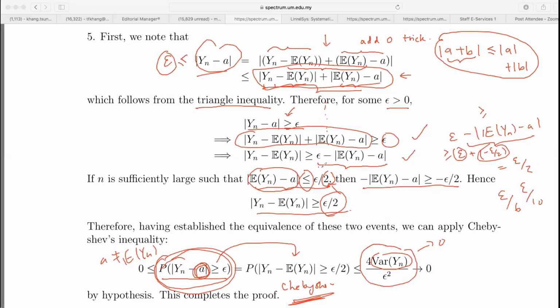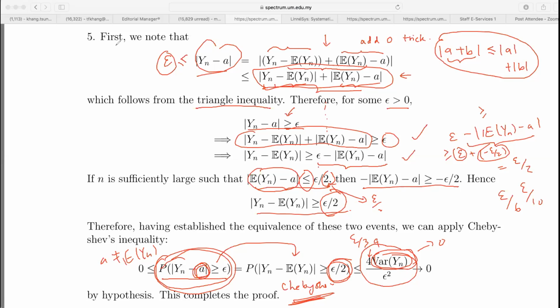As long as this thing is not epsilon, it's okay. Just choose it so that it's something smaller than epsilon, then it will work. Because if you have epsilon over 3, then this factor becomes a 9. So it still doesn't affect the convergence, because the convergence is determined by the variance of Yn.